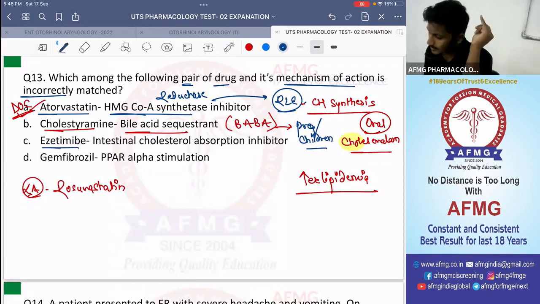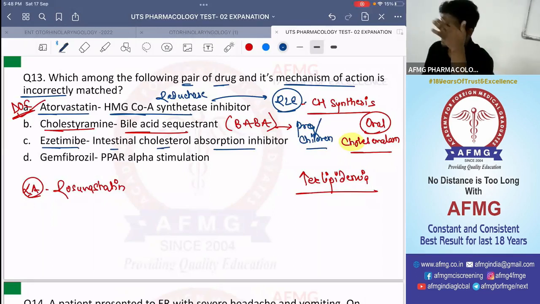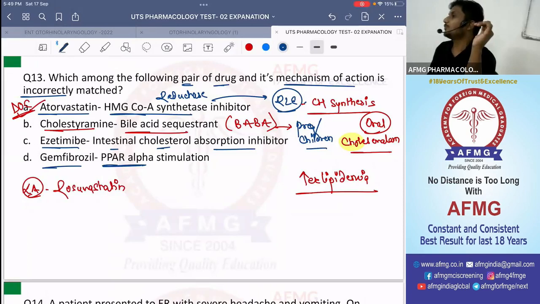Option C says ezetimibe is an intestinal cholesterol absorption inhibitor. Yes, it is an intestinal cholesterol absorption inhibitor, that is called ezetimibe. This was one of the options in NEET PG. And gemfibrozil, any of the fibrates, gemfibrozil, fenofibrate, all of these fibrates are PPAR alpha stimulators.